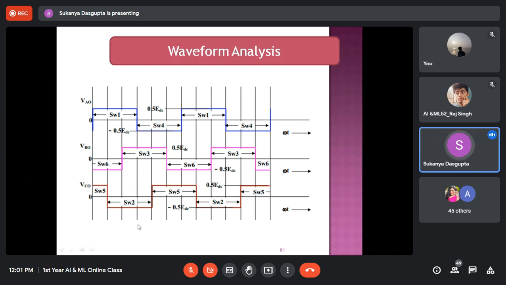So SW2 is working for this period, right? That means definitely when SW1 is working for a particular time period, SW6 is working, and for another particular time period, SW2 is working. And in this period, 60 degree to 120 degree, all three are working simultaneously. 1, 6, 2.